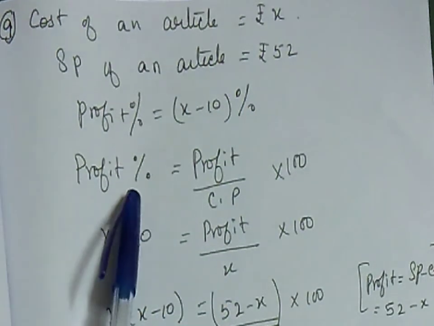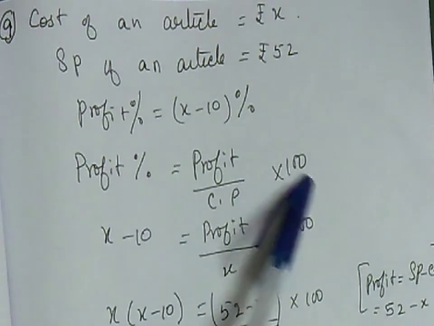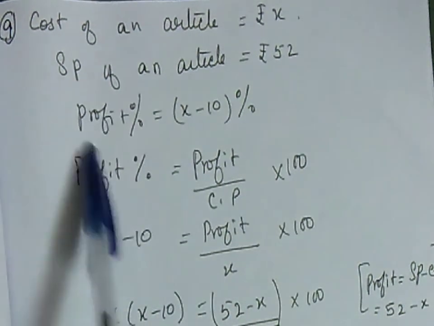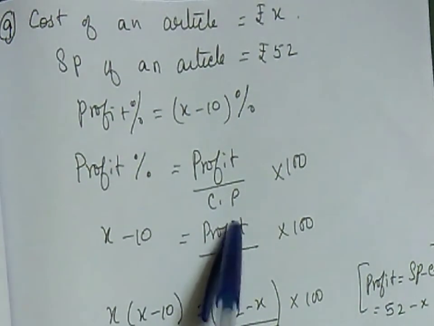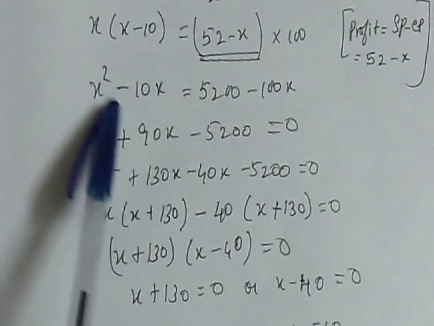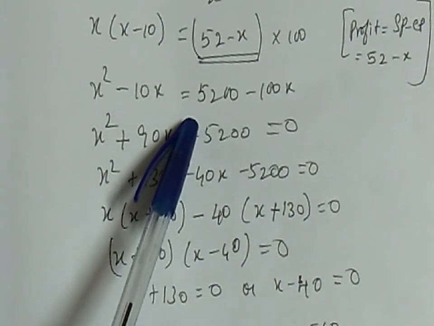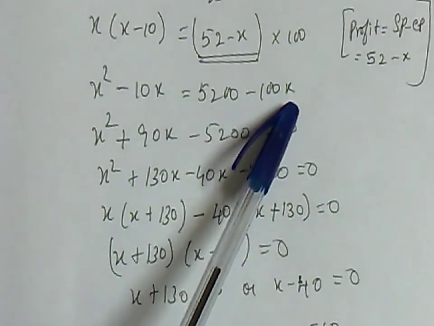And profit percentage is equal to profit upon cost price into 100. So in place of profit percentage, you will write x minus 10 is equal to profit upon x into 100. Now, cross multiply, you will get x squared minus 10x is equal to 5200 minus 100x.